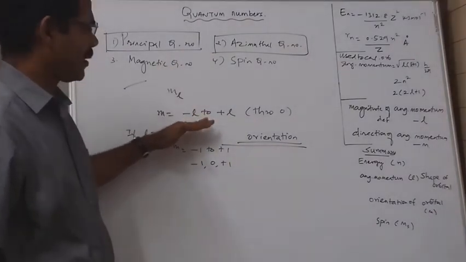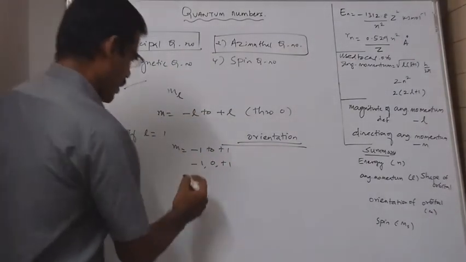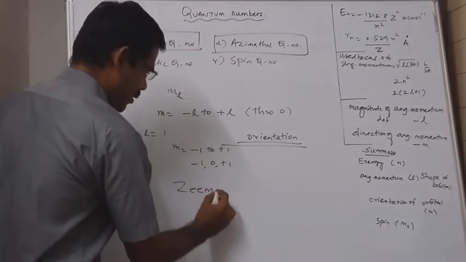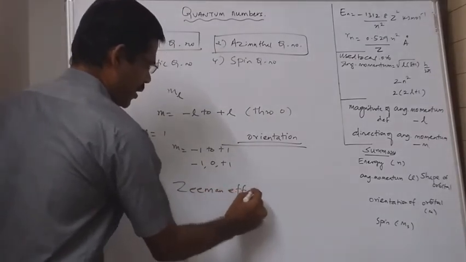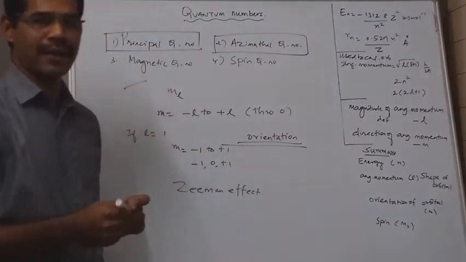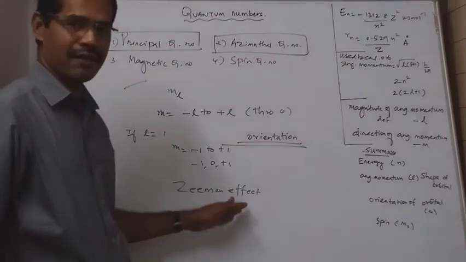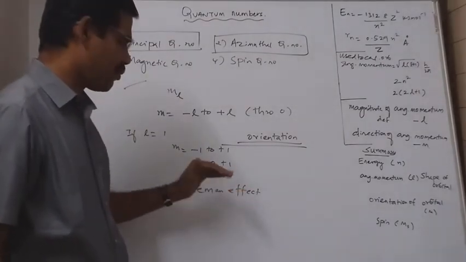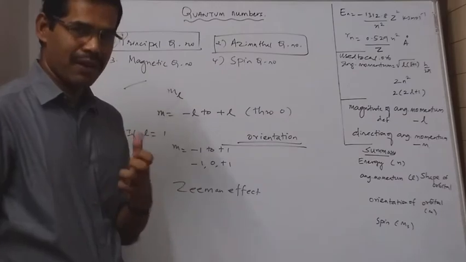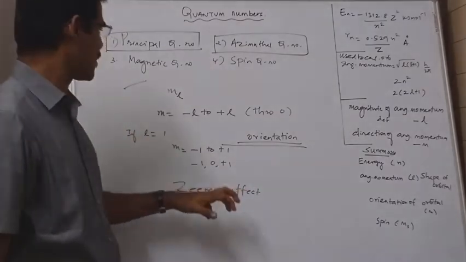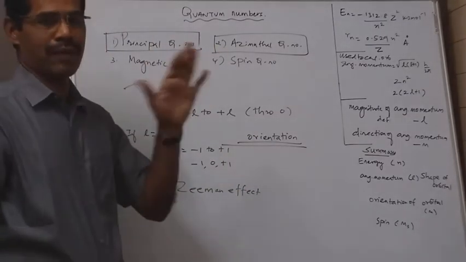And also, we have learned the Zeeman effect. What is meant by the Zeeman effect? We know that it is a splitting up of a spectral line in the presence of a magnetic field. So this Zeeman effect provides us the experimental verification or justification of the existence of the magnetic quantum number. The experiment discovering the Zeeman effect proves the significance of this quantum number.